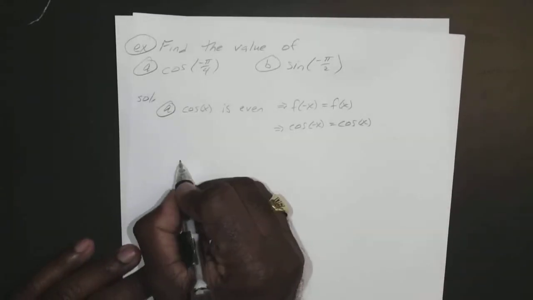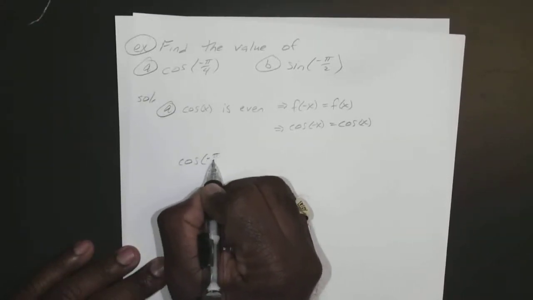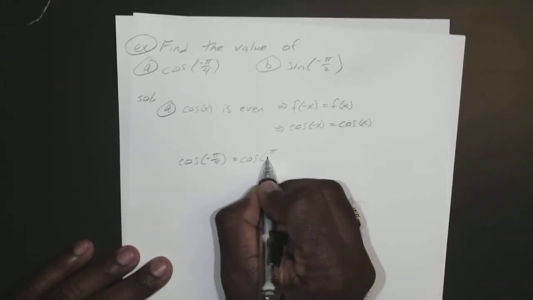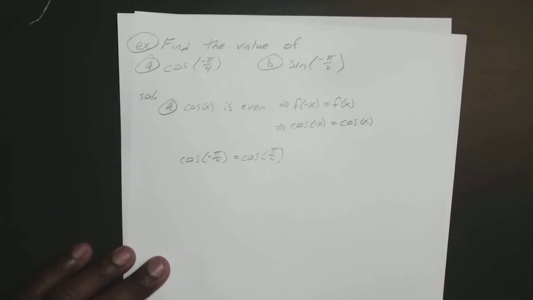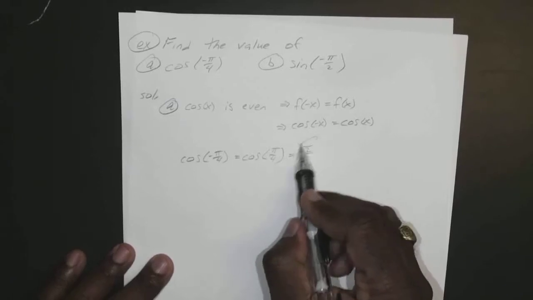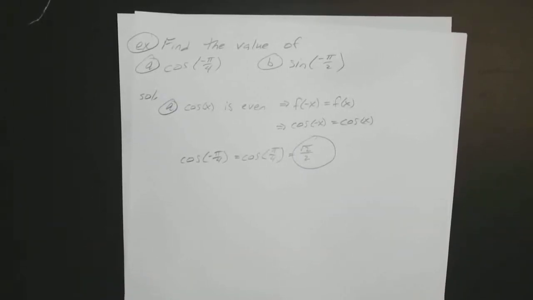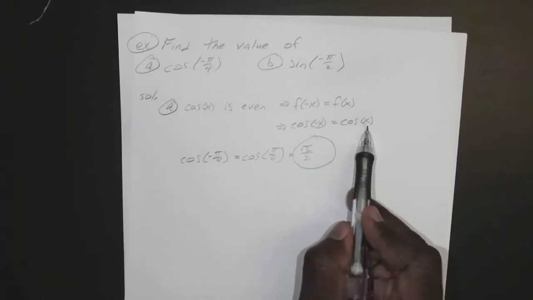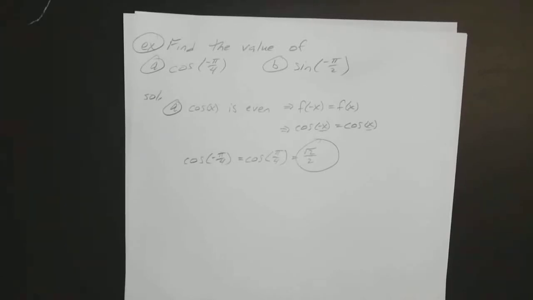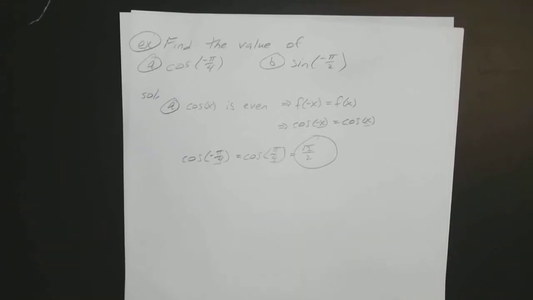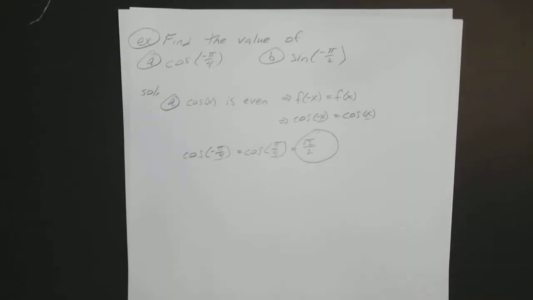So if we have cosine of negative pi over 4, that's just equal to cosine of pi over 4. Which is square root of 2 over 2. And that would be your answer. Because remember, no matter what's in here, whether it's positive or negative, it's equal if it's even. So here, cosine of negative pi over 4 and cosine of positive pi over 4 are the exact same.